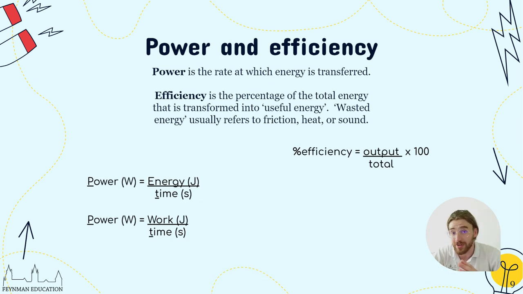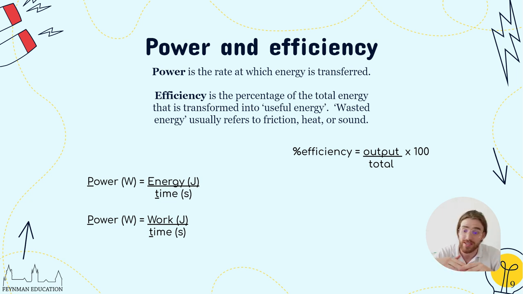Now we've looked at work. Work is the transfer of energy, right? But power is the rate at which that energy is transferred. Then we can also look at efficiency. This is the percentage of the total energy that is transferred into useful energy.